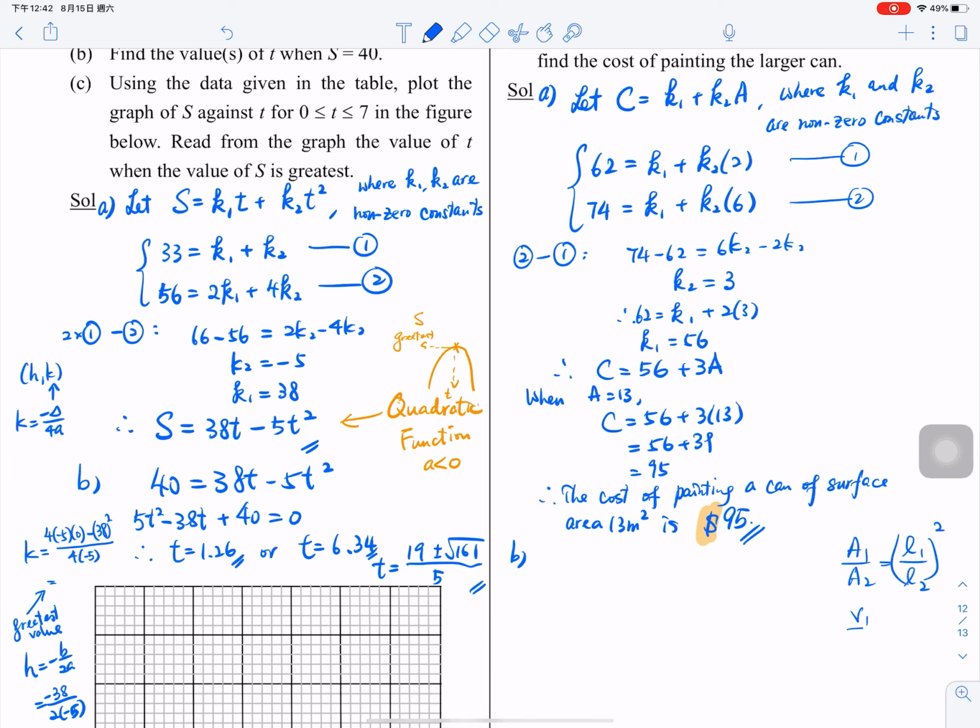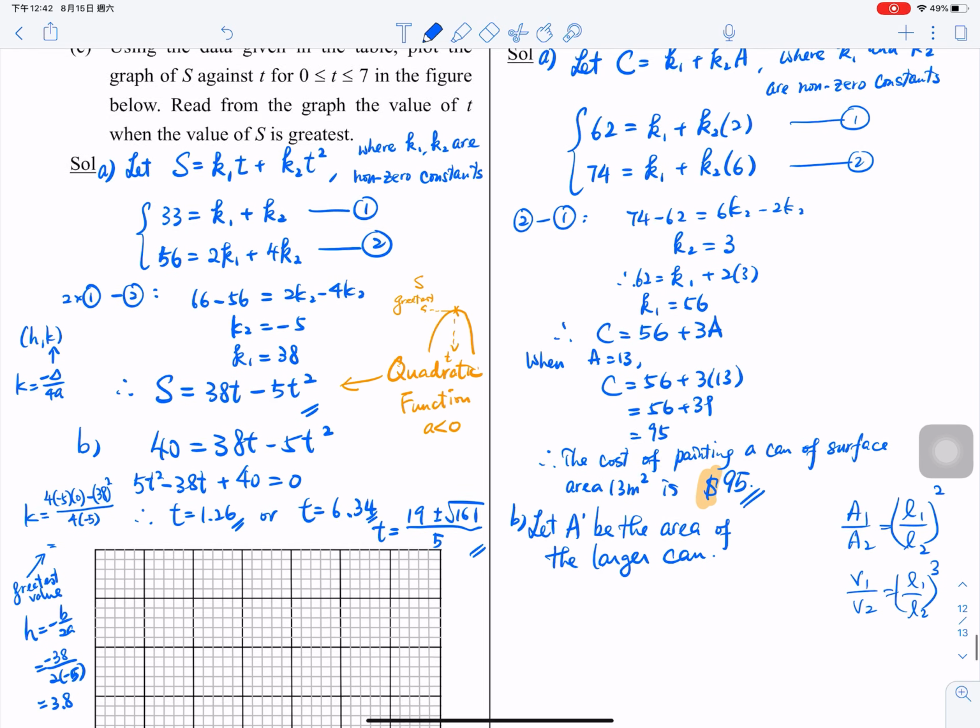How about the volume? Yeah, take cube will be the ratio of volume, right? Okay, now let A pi be the area of the larger can.